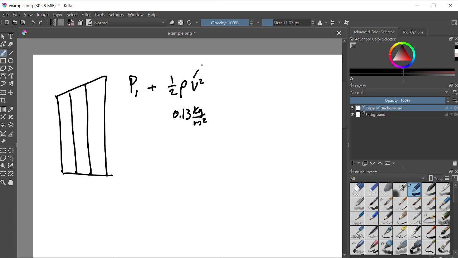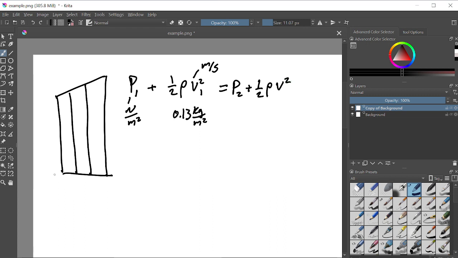Velocity is in meters a second. Pressure is in newtons a meter squared. So this is for before a stage, and then after we're going to get a new pressure plus 1/2 rho v squared again.